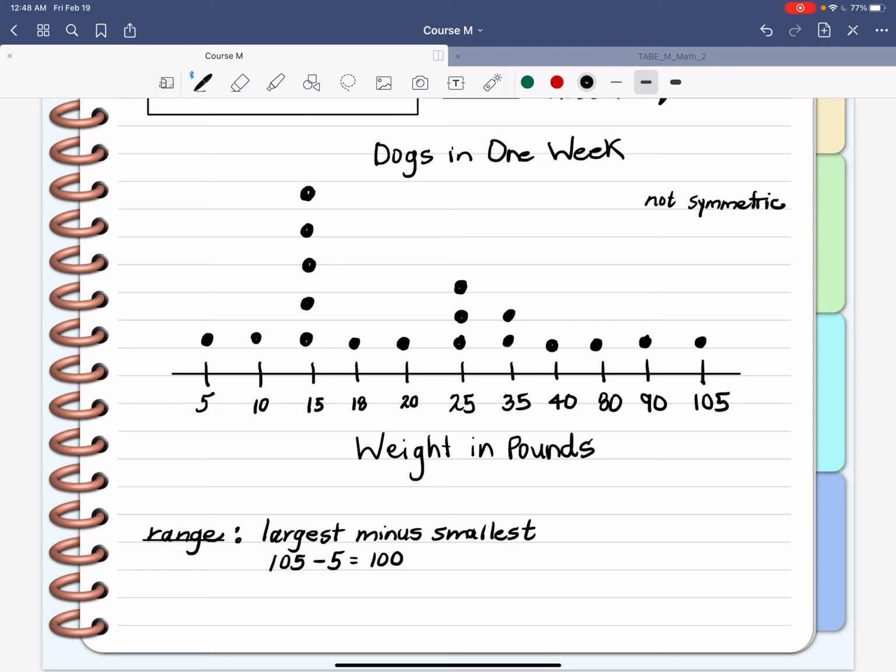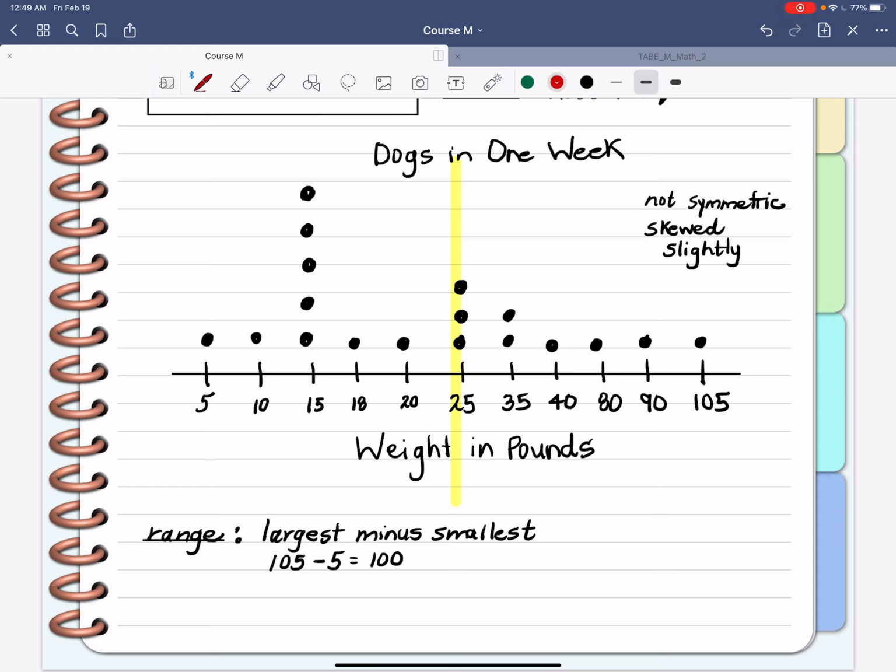And let me tell you just a little bit about skew. This one is skewed slightly. It's not a heavy skew. But here's how I would think about skew. Let's divide this graph in half. So it's going to be right there. There's the halfway point. And let's count the frequency on either side.